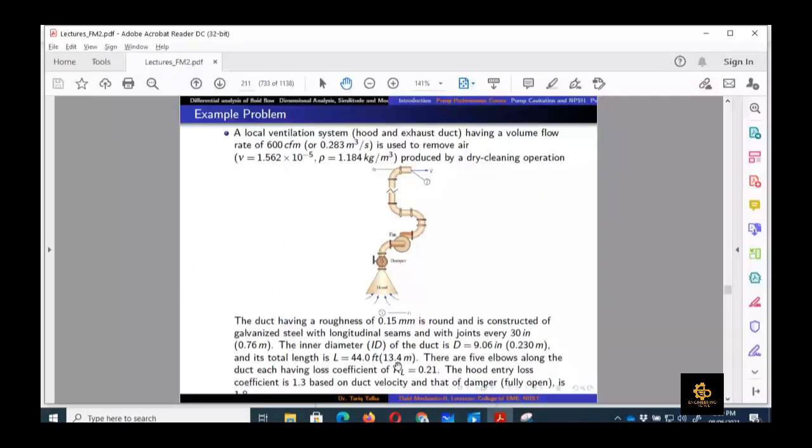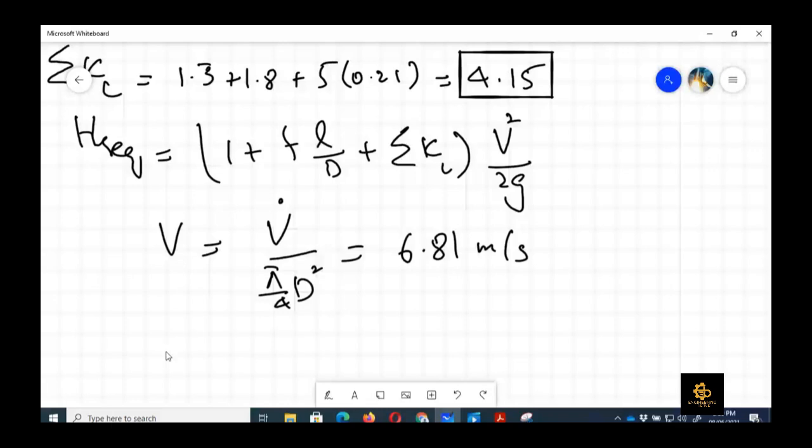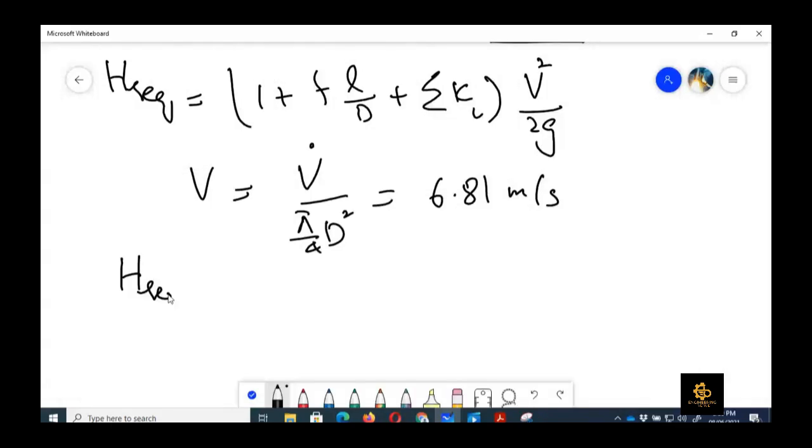Okay, so that is that, and then we have got all the things. So if we calculate H required, it comes out to be equal to 15.2 meter of air.